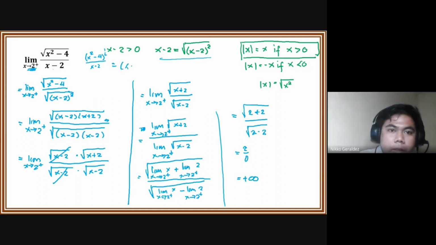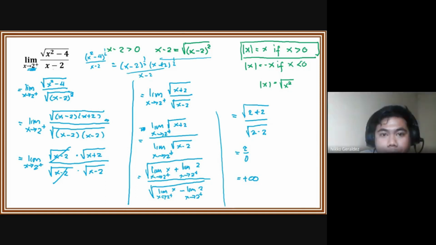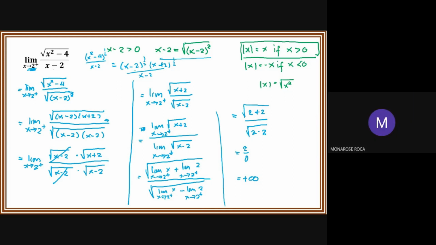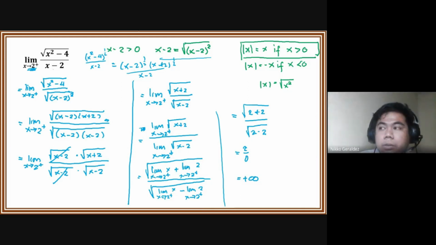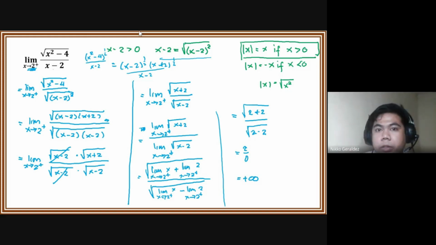Meron kang x minus 2 raised to 1/2, x plus 2 raised to 1/2 over x minus 2. Pag pinactor mo yan, so meron kang x minus 2 raised to negative 1/2. Pag binaba mo yun, so meron kang x minus 2 raised to 1/2. Ganun pa rin. Meron ka pa rin 0 over 0.